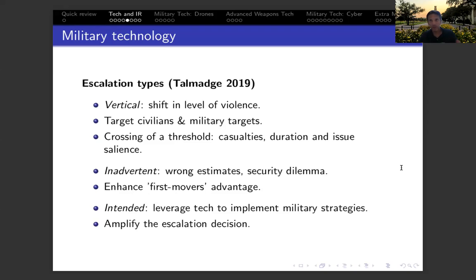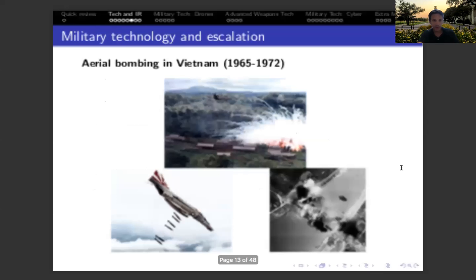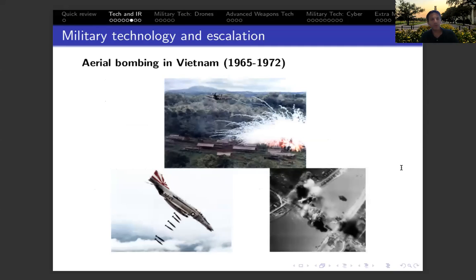So in order to test those different arguments, she tests a couple of historical cases, and she actually goes all the way back to the war in Vietnam and looks at the development of the new technology at the time, which were laser-guided bombs. And overall, what she shows in her case studies is that the evidence suggests that the technology development served as a complement, and the escalation decisions throughout the war, especially when it comes to the aerial campaigns, were driven by political and strategic decisions or incentives.